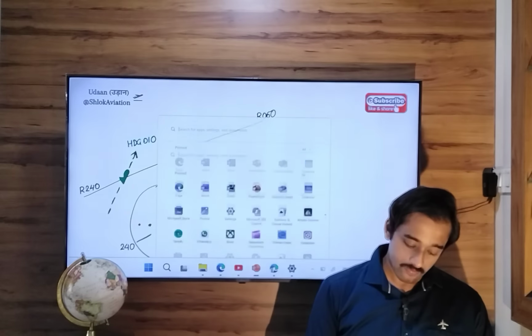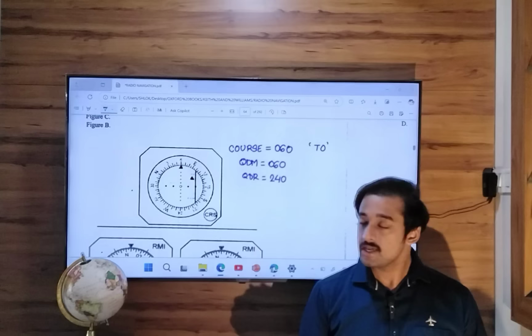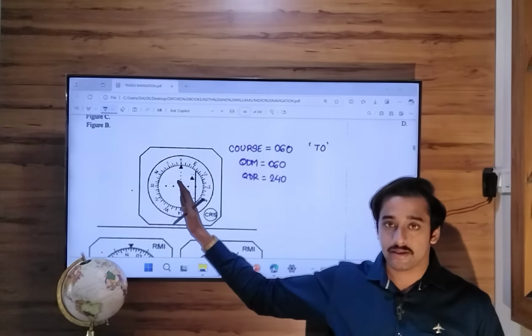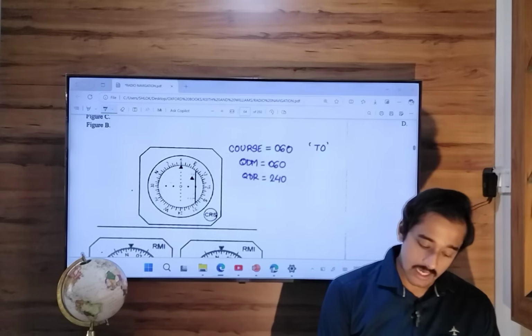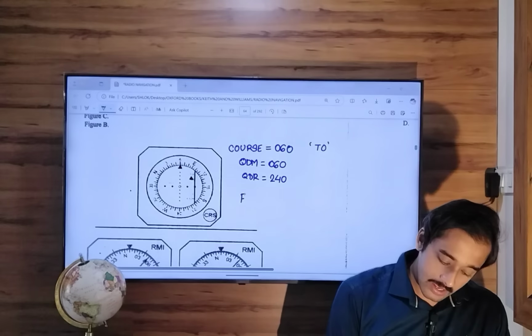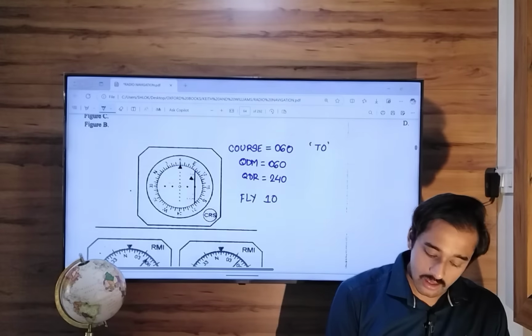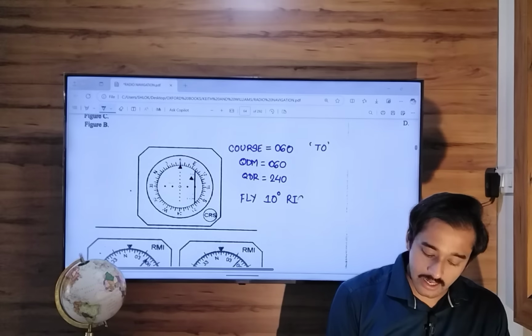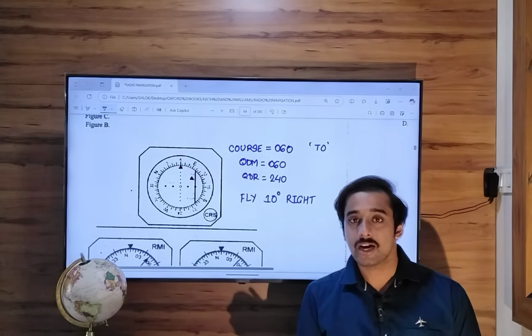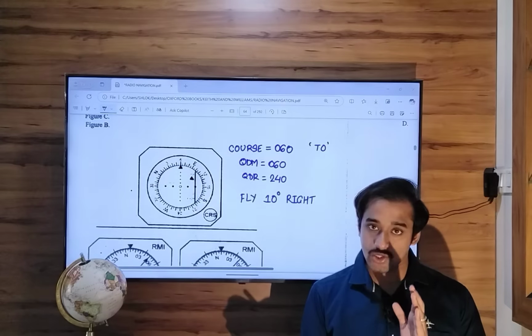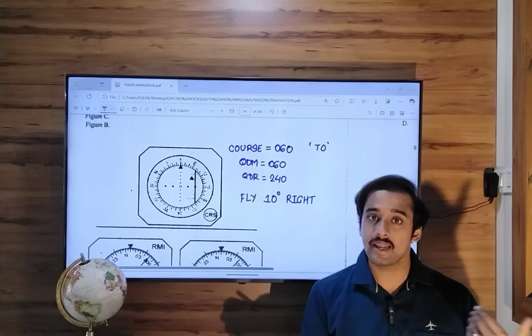But as given in the question, the CDI is not in the center. It is 10 degrees to the right hand side. That means the CDI is telling the pilot to fly 10° right. If the CDI is telling the pilot to fly 10° right, that means the pilot has deviated from his track towards the station by 10° left.